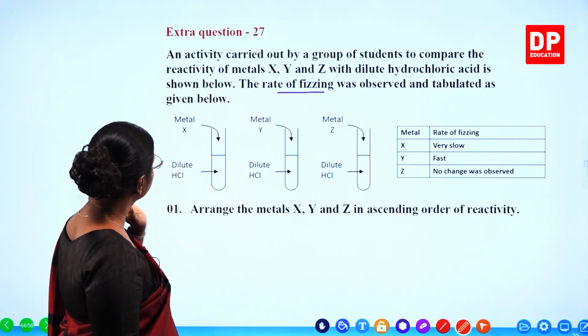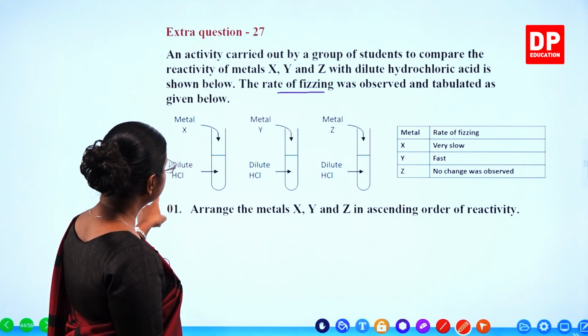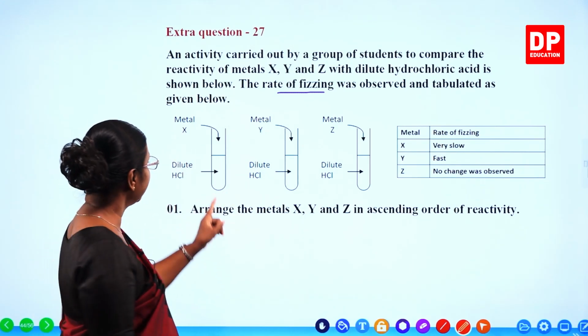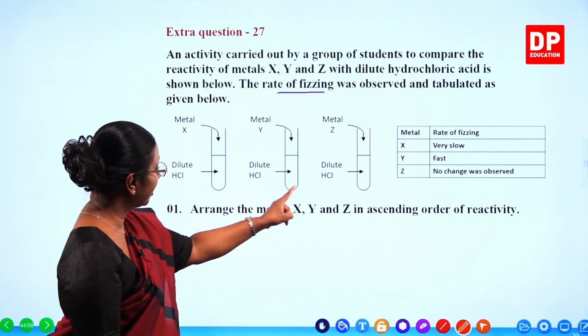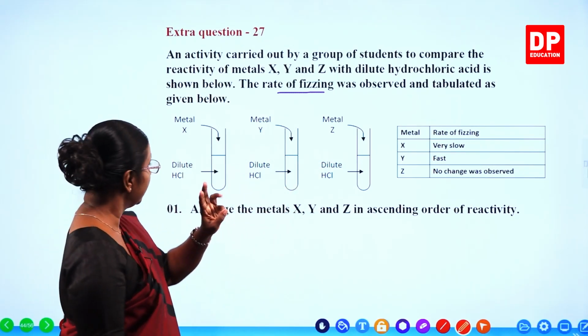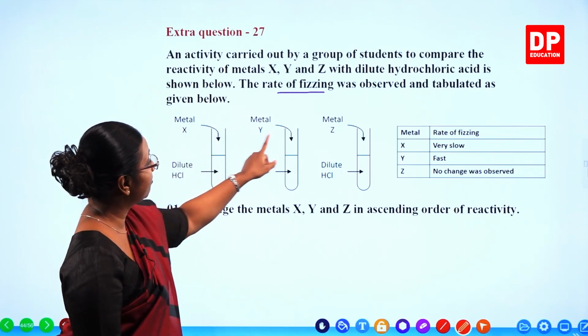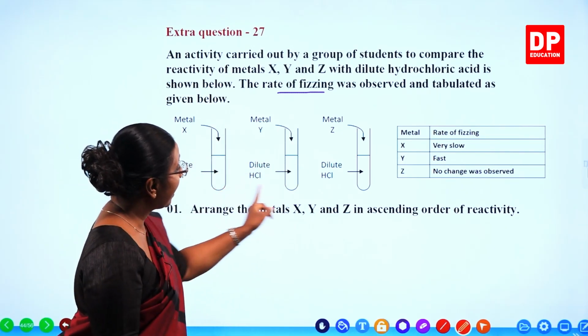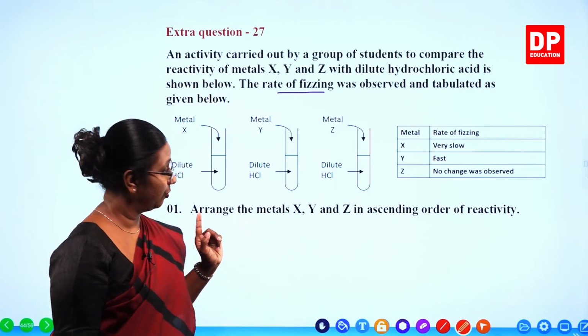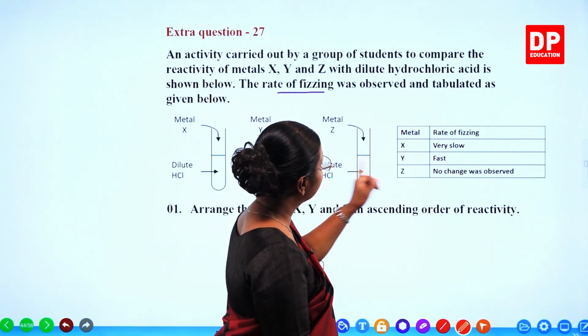So if you look at the activity, here you can see equal volumes of dilute hydrochloric acid have been taken into 3 test tubes and the different metals, metal X, metal Y and metal Z are added to those 3 test tubes. And here we have the table.